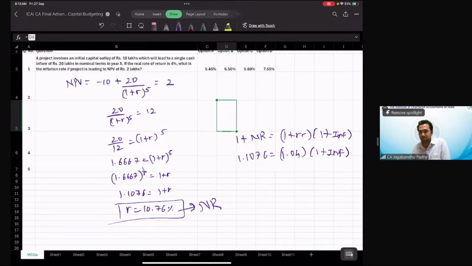Now we can just divide it. 1.1076 divided by 1.04 gives us 1.065 as 1 plus inflation rate, and therefore inflation rate is 6.5%.